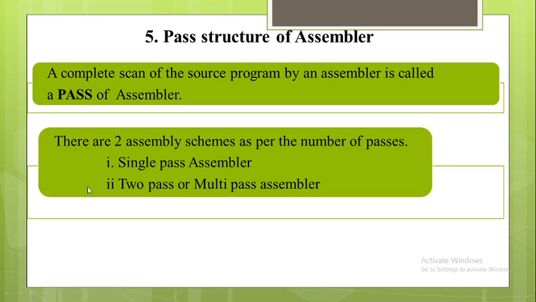According to this, there are two assembly schemes as per the number of passes. The first scheme is called the single pass assembler, where it scans the complete source program only once, and the second one is the two pass or multi-pass assembler, where the source program may be scanned more than one time.